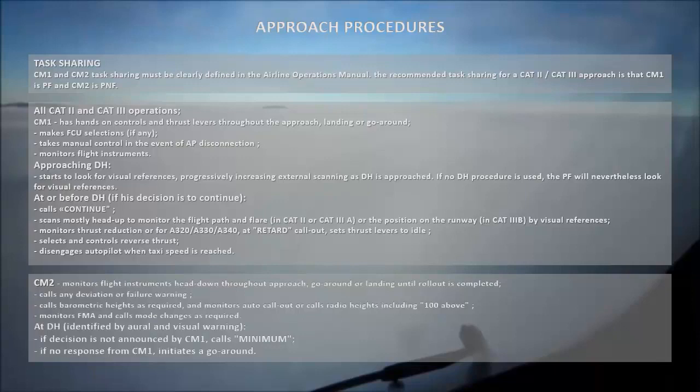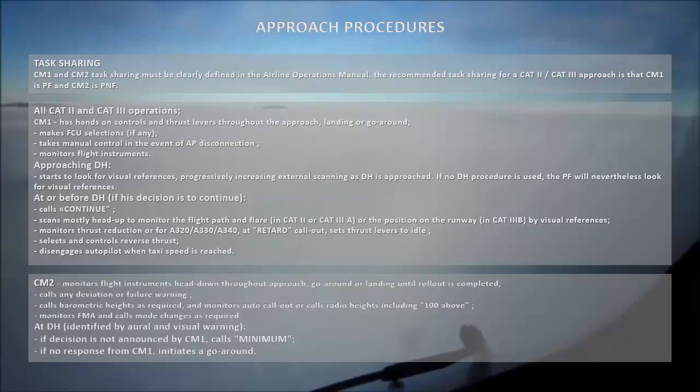For all CAT-2 and CAT-3 operations, CM1 has hands on controls and thrust levers throughout the approach, landing or go-around, makes FCU selections, if any, takes manual control in the event of autopilot disconnection, monitors flight instruments. Approaching decision height, starts to look for visual references, progressively increasing external scanning as decision height is approached. If no decision height procedure is used, the pilot flying will nevertheless look for visual references.